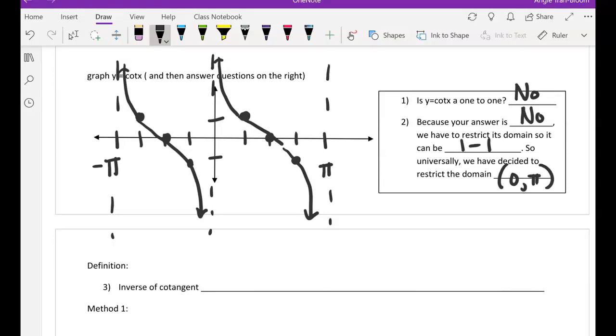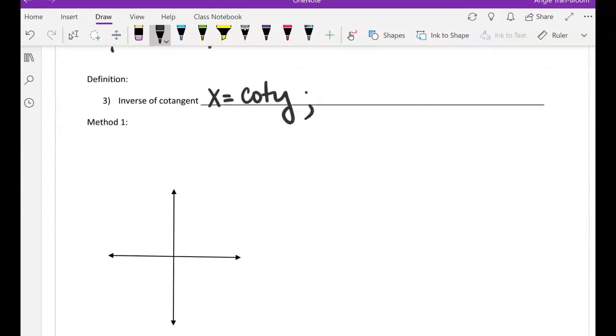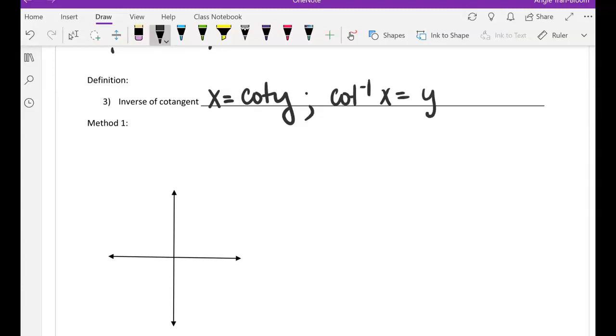Now, just like always, we are going to flip over and switch x and y. X equals cotangent of y. Then we are going to compose both sides by cotangent inverse, so we can have a y equals. Okay, so we are cotangent inverse of x equals y, which we use the notation of f inverse of x, just like that.